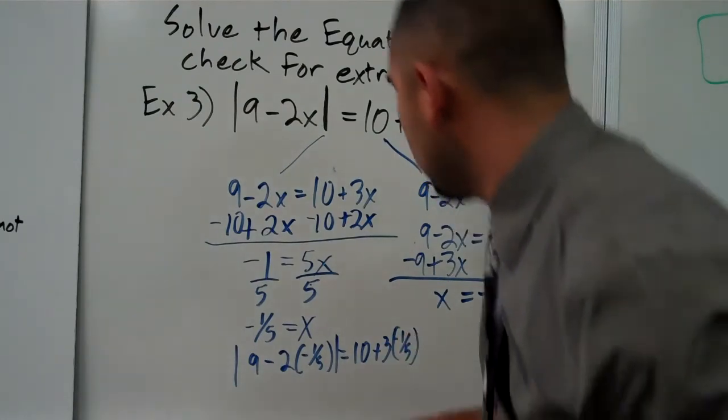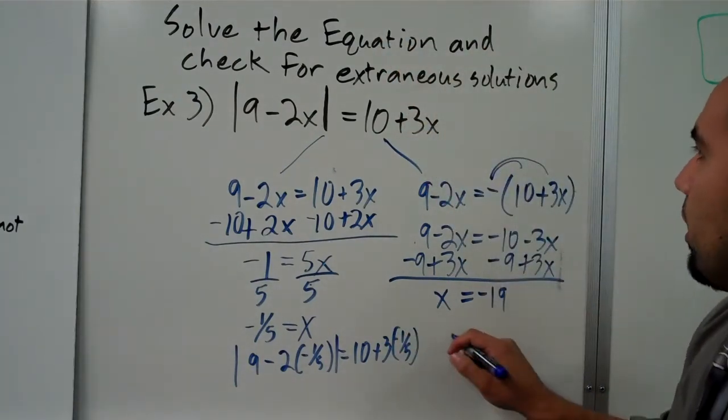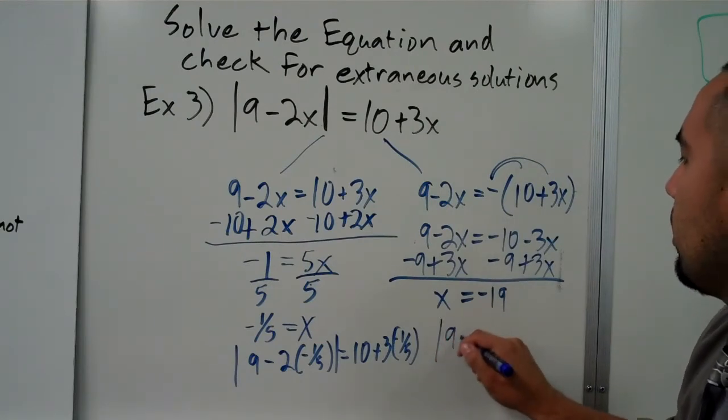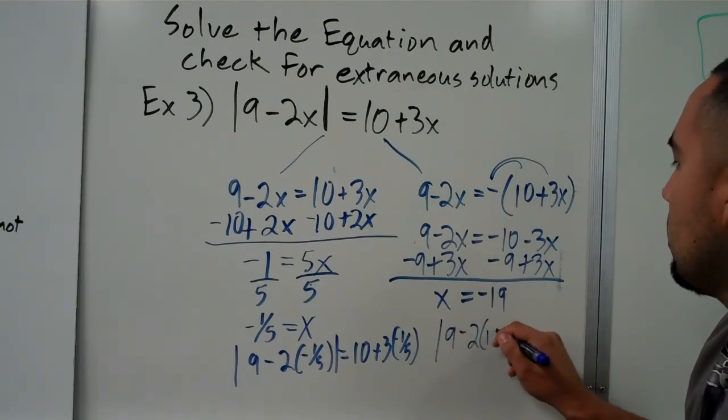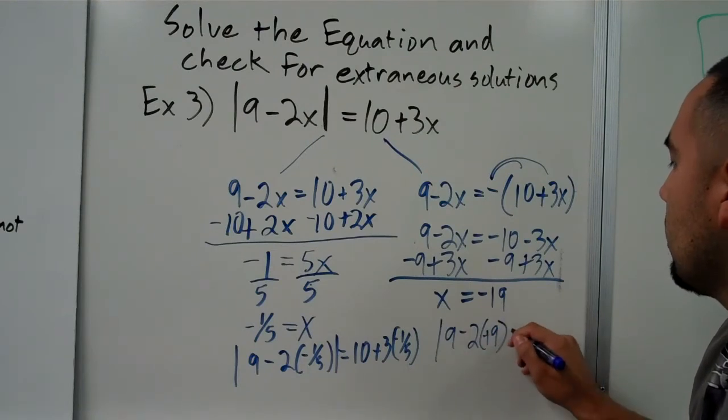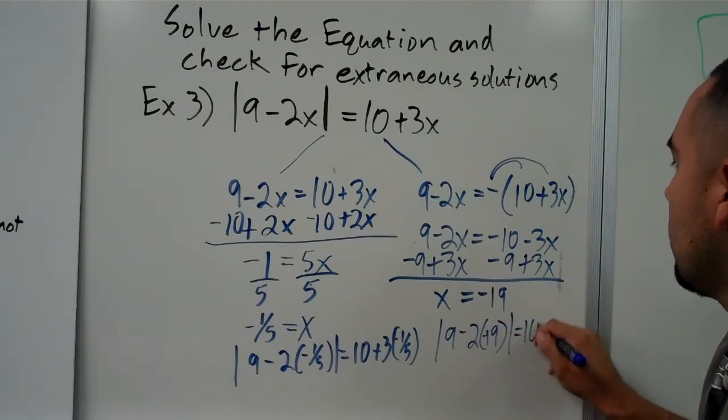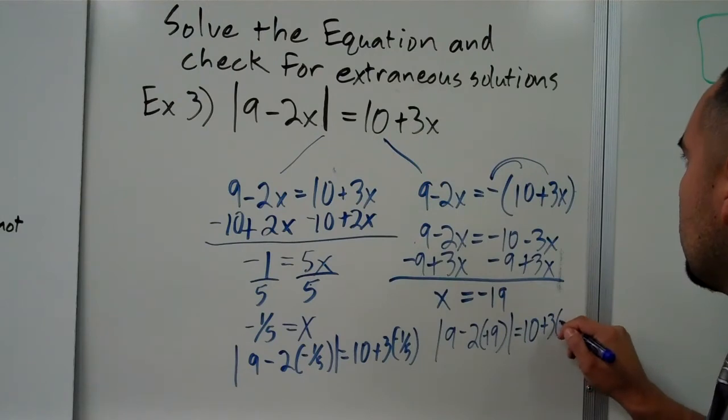And I'm running out of room here. Let's try the negative 19. So the absolute value of 9 minus 2 times negative 19 equals 10 plus 3 times negative 19.